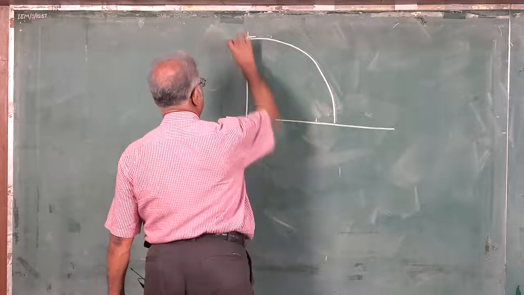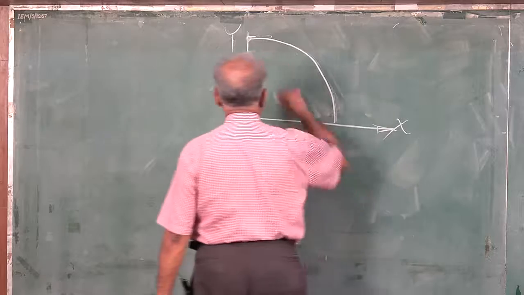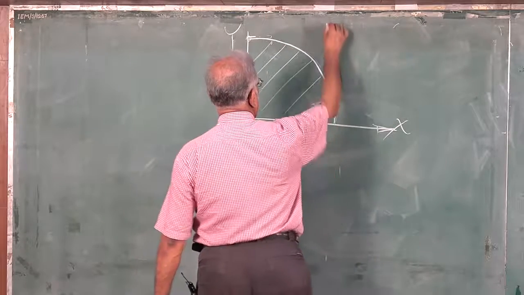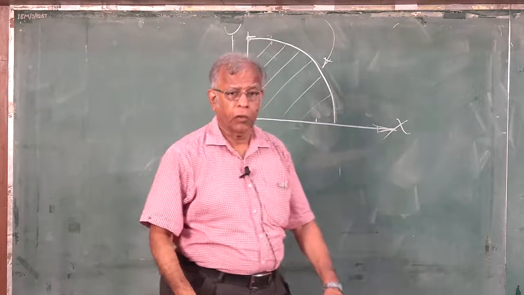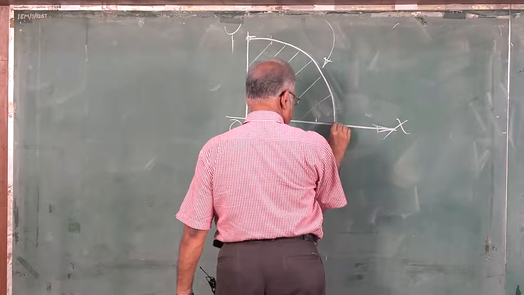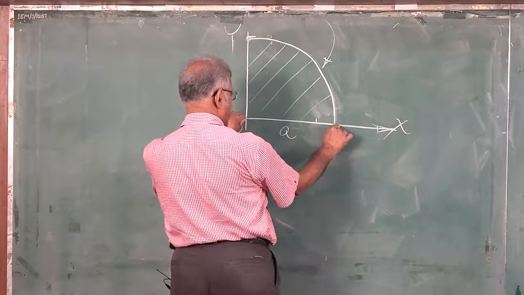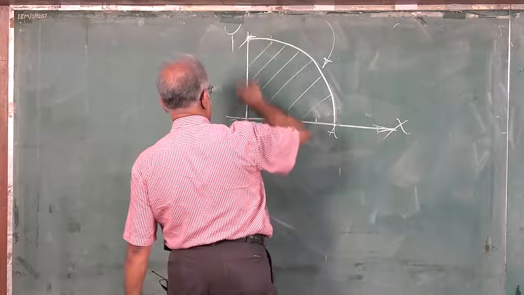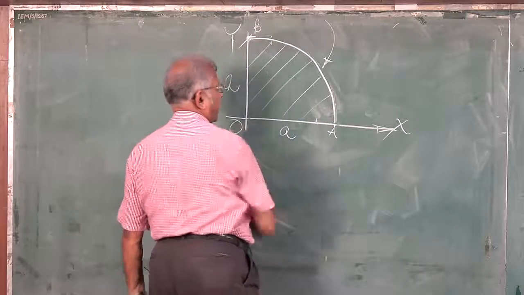This is the origin, this is the y-axis, this is the x-axis, and here we have a quadrant of a circle. Now, this is part of a circle whose center is at the origin and whose radius we will assume is a units. If the radius is a units, from O to A is a units, from O to this point, if we call it B, is also a units.